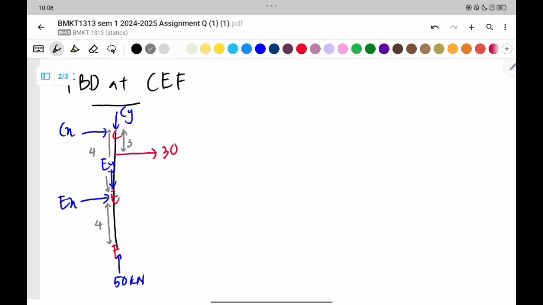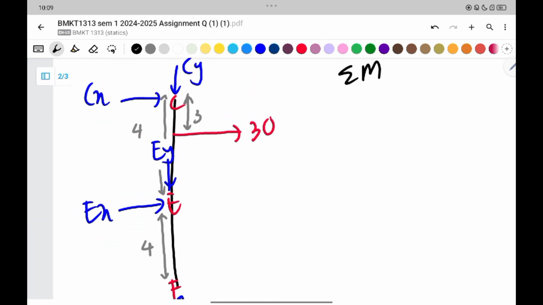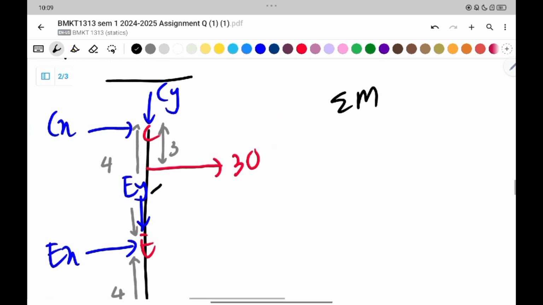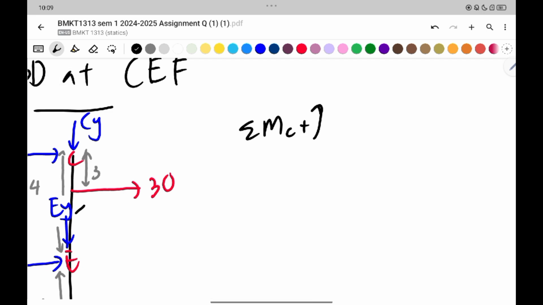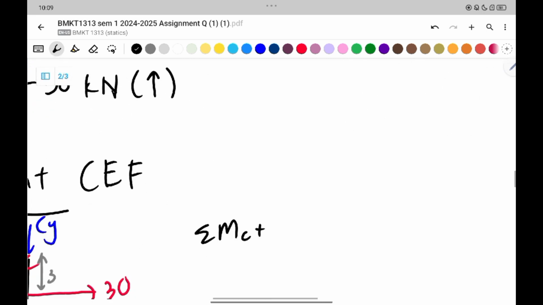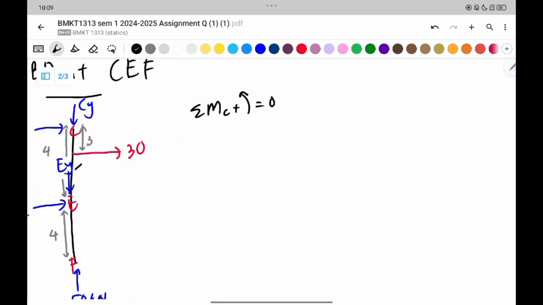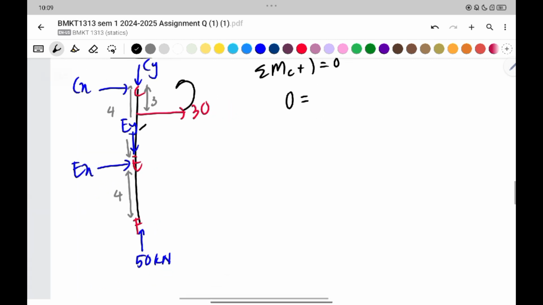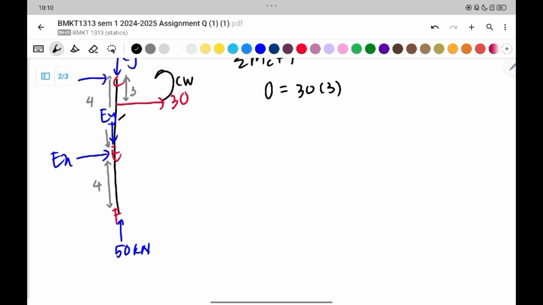Now first we need to find the moment at either point E or point C, because we don't know the value of EY. Thus it's better to find the moment at C because it has two unknown forces. So moment at C, counterclockwise positive, equals 0. Plus 30 with the length of 3, because it's acting along the x-axis, so the value we need is from the y-axis.